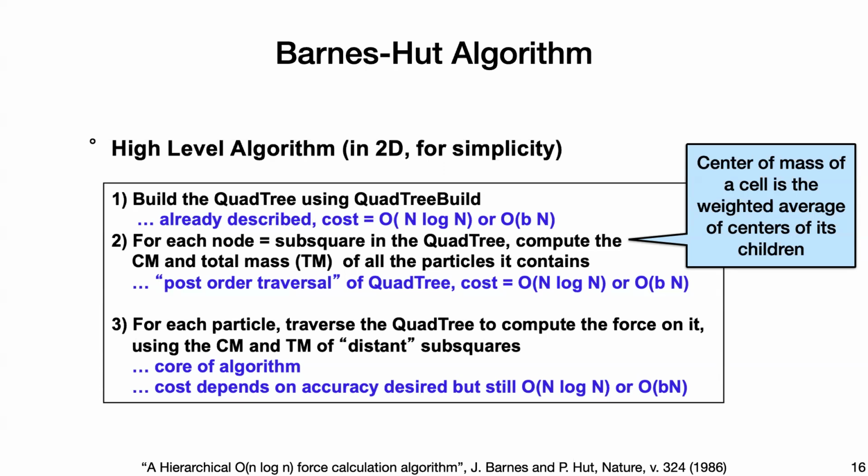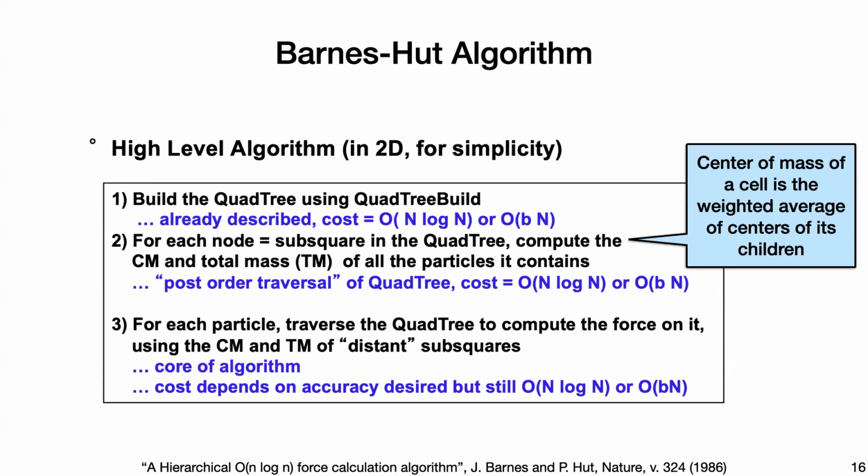The second step is a preprocessing step: for every node in the quadtree, compute the center of mass and total mass. We already talked about it a little bit, but you can bound it above by n log n. Even doing it top down will take n log n, and doing it bottom up will take order n. So either way, you can bound it above by n log n.